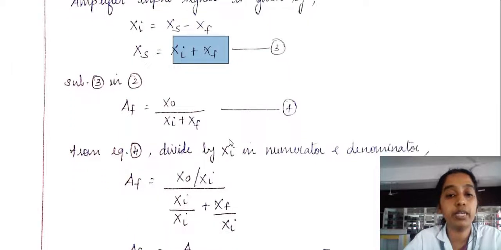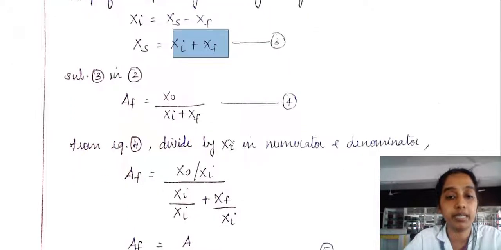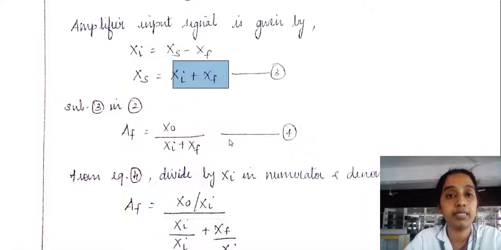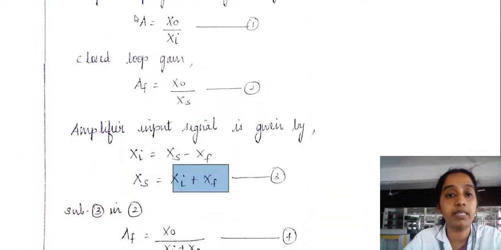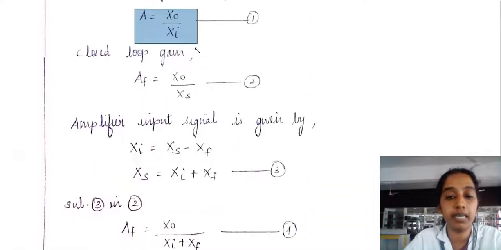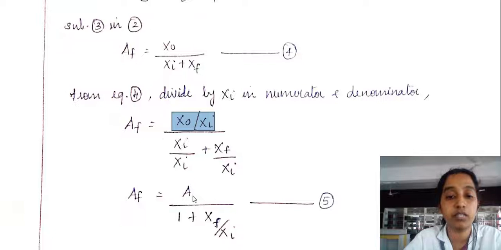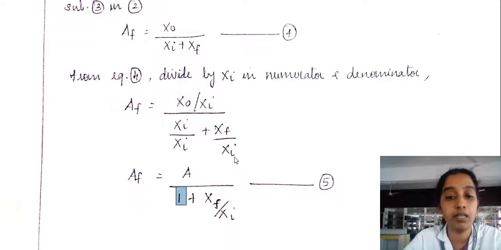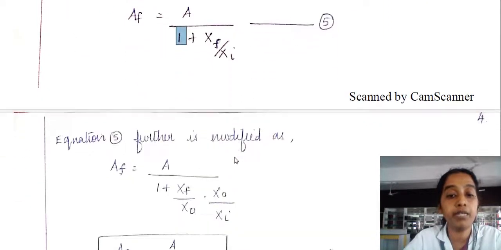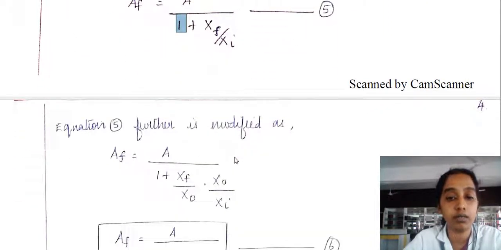Now divide numerator and denominator by Xi. What is X naught by Xi? X naught by Xi is A, capital A. So replace X naught by Xi with A. This Xi will get cancelled, and you get the value 1. And here you do not know what Xf by Xi is, so I multiply and divide by X naught. Now what is X naught by Xi?